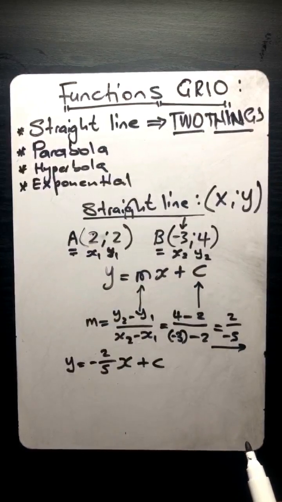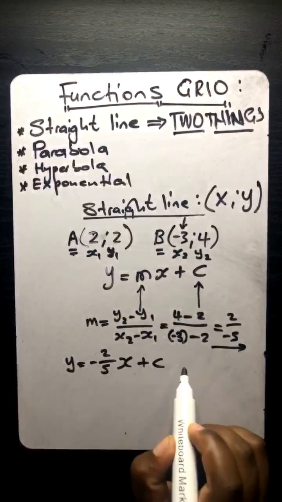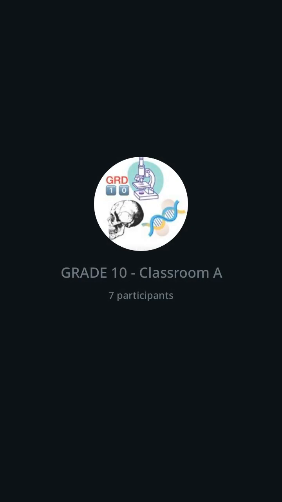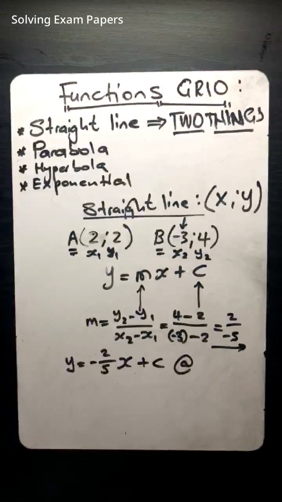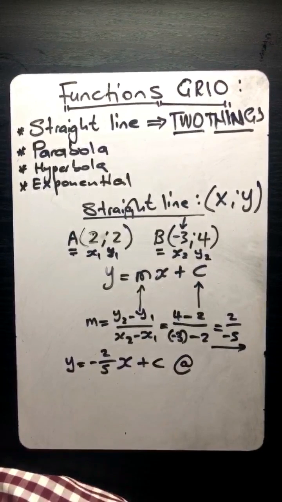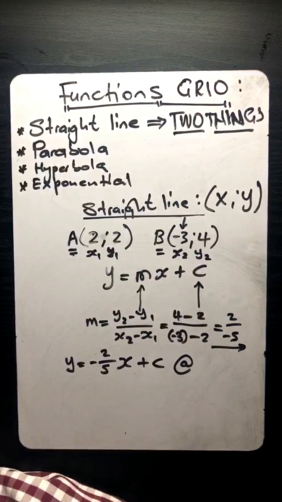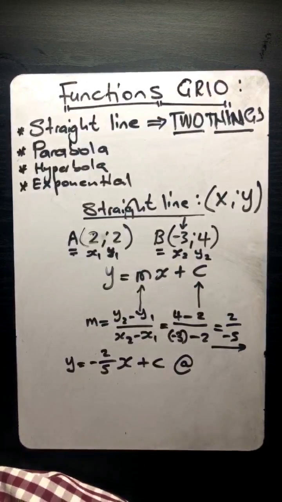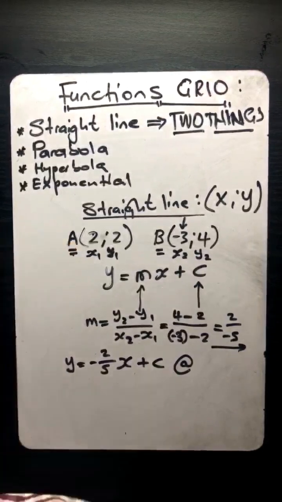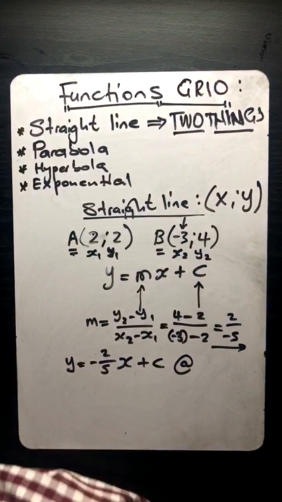So now you need to get that c value. That is why you choose a point. Between these 2 points, which one will be easy to choose and use it to calculate the c value? Which point do you guys think will be suitable for us to use to calculate that c value?